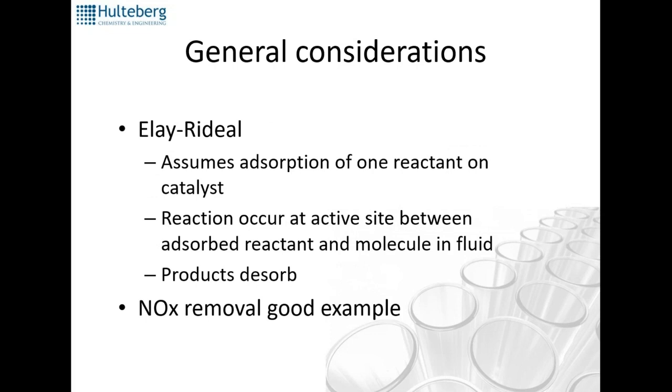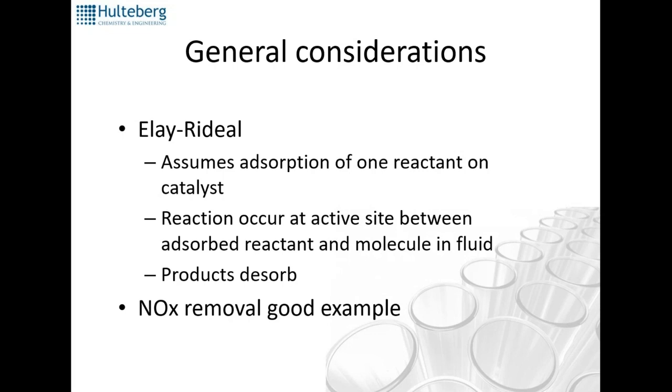Eley-Rideal differs slightly in that only one of the reactants adsorbs. So if you have two molecules that should react, only one of them adsorbs on the surface of the catalyst. Then the other reactant comes directly from the gas phase and reacts with the pre-adsorbed molecule, and then the products desorb.